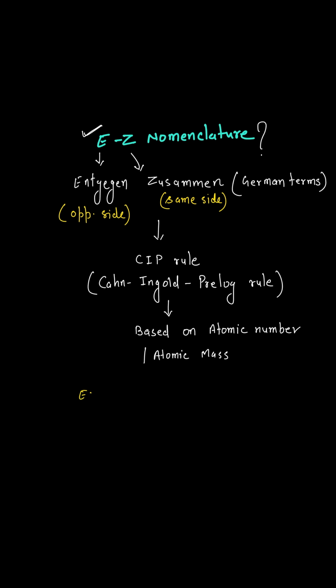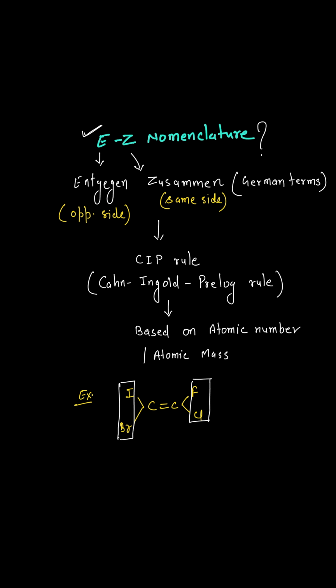For example, if we have a double bond showing geometrical isomers, with fluorine, chlorine, bromine and iodine, you can observe that geometrical isomerism is valid here. These substituents are different, and here these two substituents are different. Now we will try to give the priority based on the CIP rule.